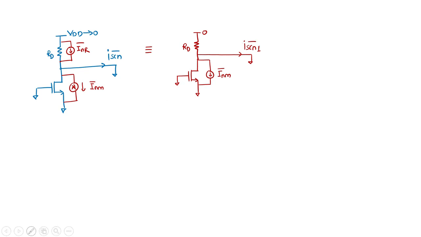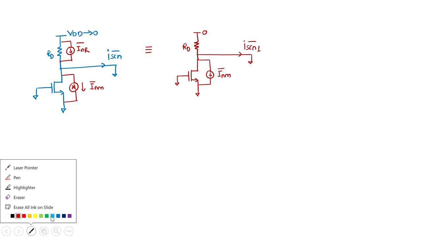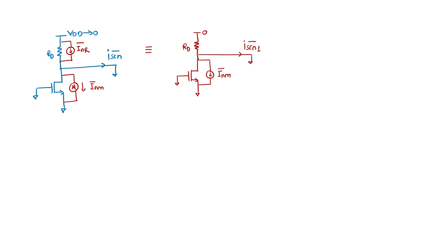So just to do the proper KCL analysis, this node is shorted and this is also incremental ground, so the current flowing here is 0. Also gmVGS: the gate is shorted, the source is shorted, and the drain is also shorted. So no other current element is there, only this INM is flowing. So what we can see is this INM is completely going through this.